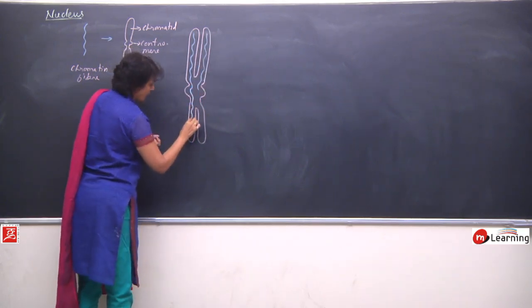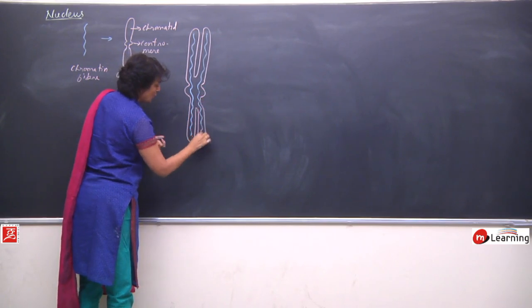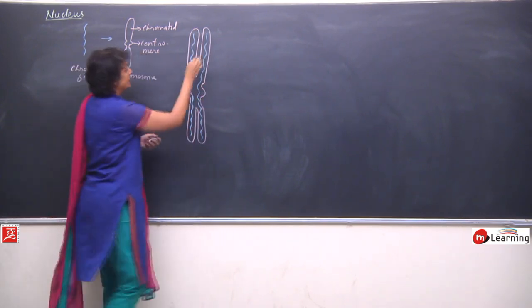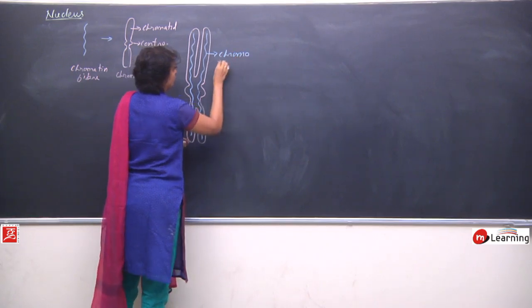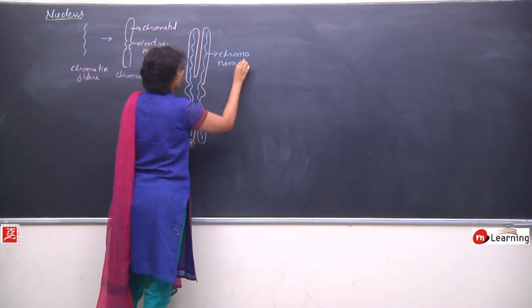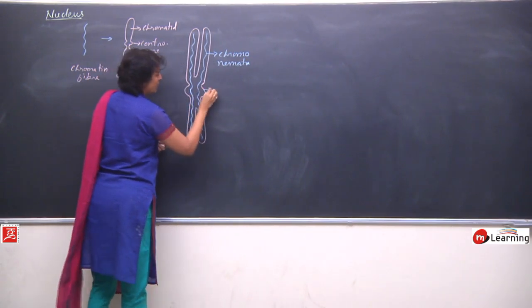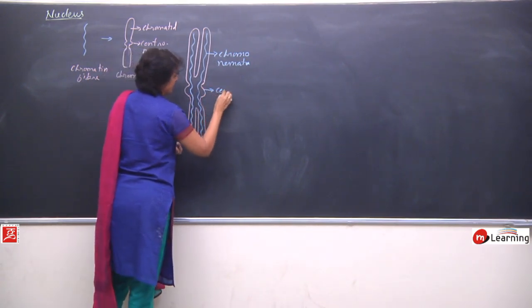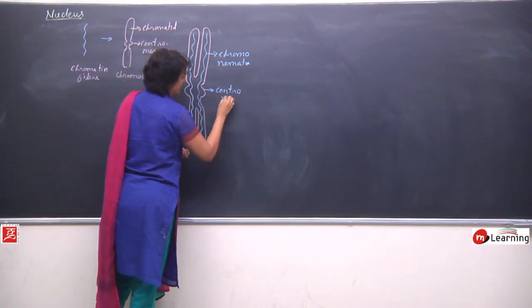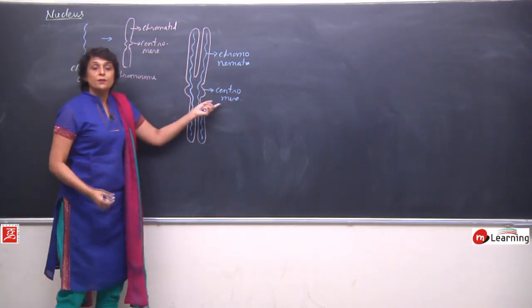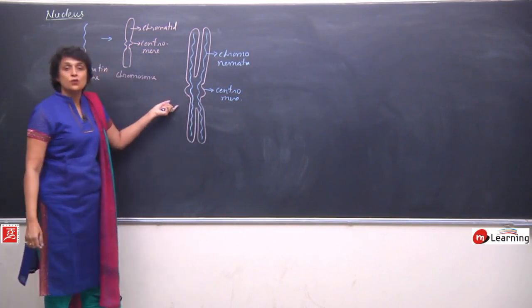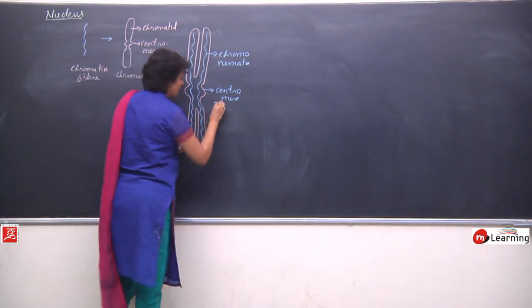These fibers are known as chromonemata. And this constriction is the centromere. Centromere, because it is the first constriction, it is also known as primary constriction.